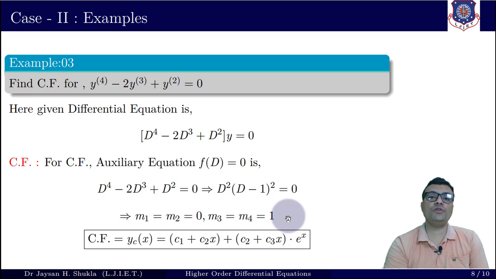That means now we have 2 pairs of repeated roots. The first 2 roots are repeated with value 0, and the second 2 roots are repeated with value 1. So let me take the first part with root 0. It is (c1 plus c2x) into e raised to 0x, which eventually turns out to be 1.